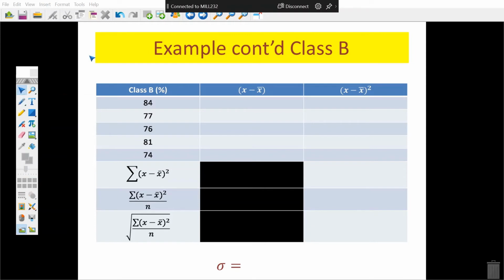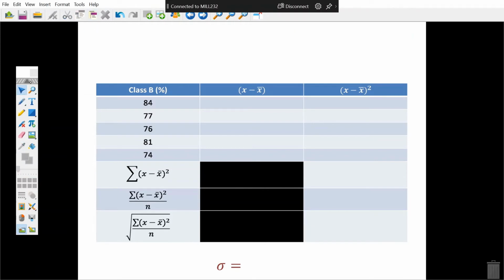So step 1 was to find the mean. Then step 2 is right here. Step 3 right here. Over here is step 4.